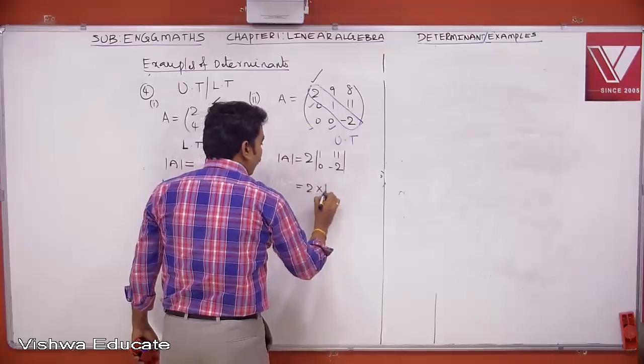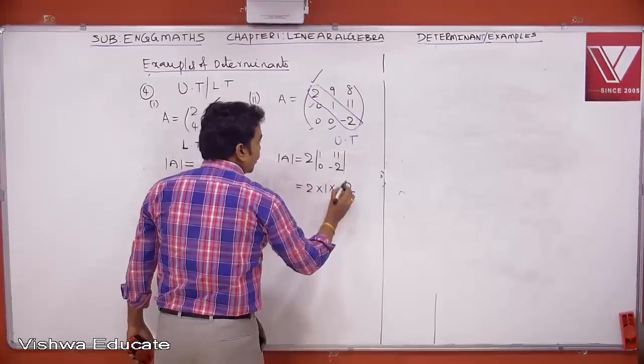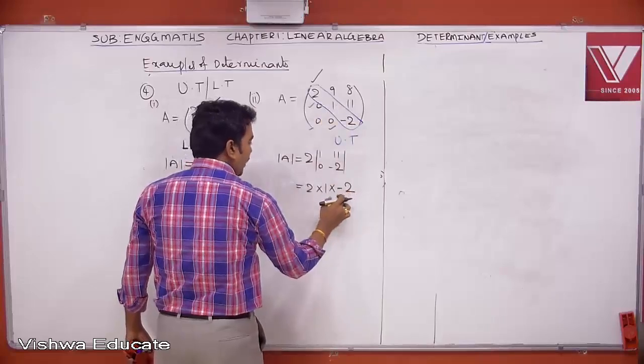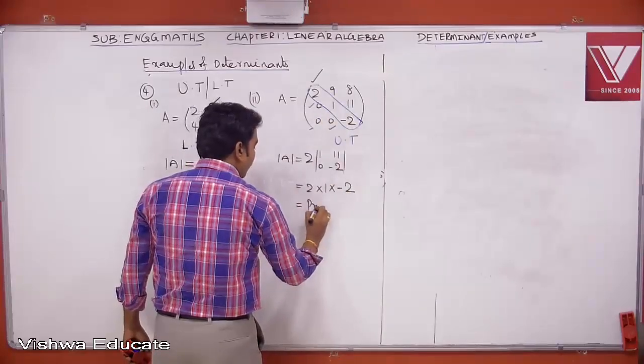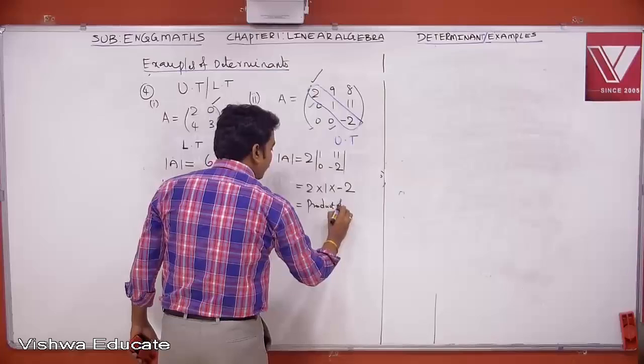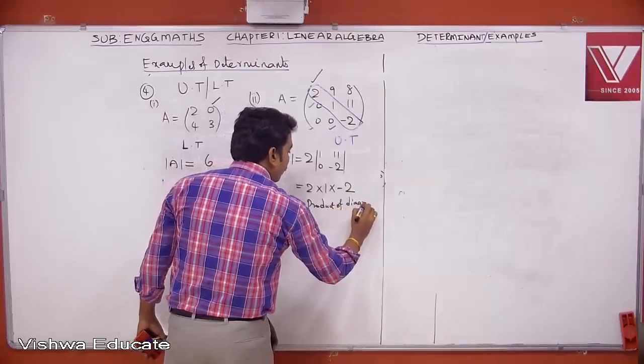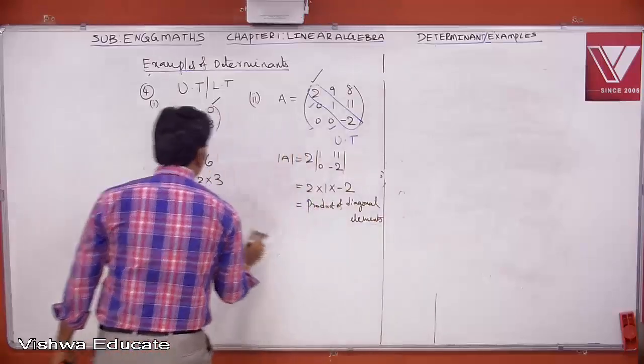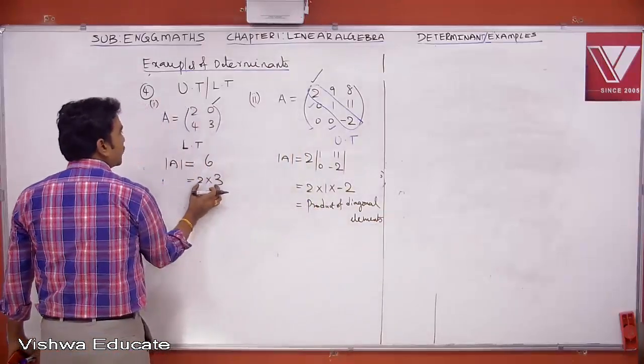So this is 2 into 1 into minus 2. Here 2 is a diagonal element, 1 is a diagonal element, minus 2 is a diagonal element. So basically these are nothing but the product of diagonal elements. Here also this quantity is the product of diagonal elements.